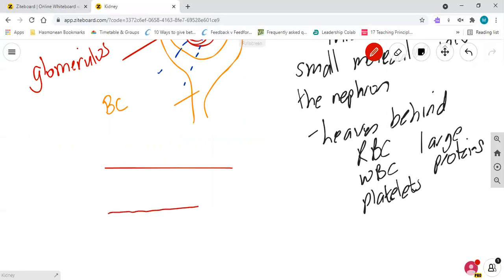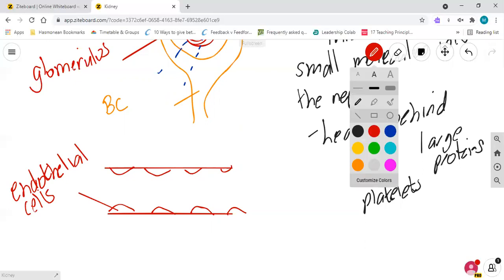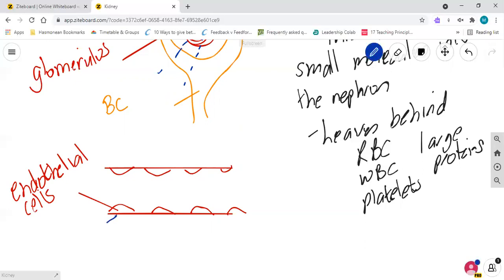And you should remember from the AS that a capillary is made up of these endothelial cells, squamous ones, but we'll just call them endothelial cells. And then the endothelial cells are attached to something called the basement membrane, which is a really fine filter.